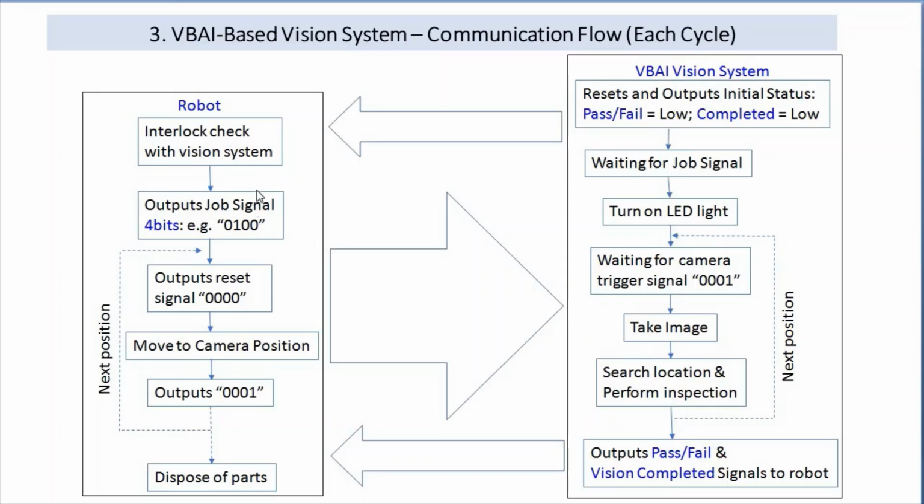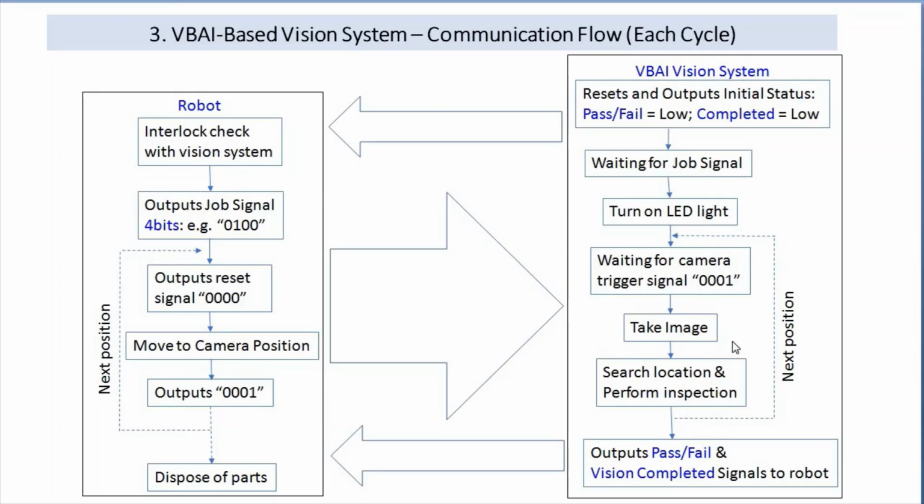Between the robot and the vision system, the robot is always the master, and the vision system is typically in a waiting status, waiting for the job signal from the robot and also waiting for the camera trigger signal from the robot.